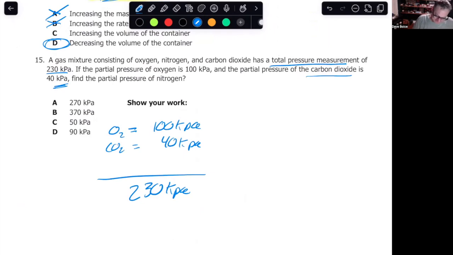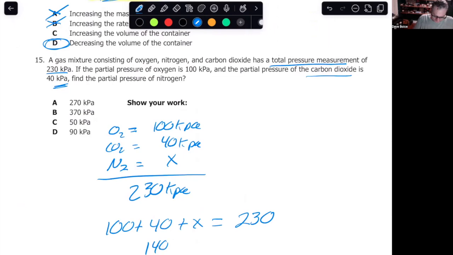And then the nitrogen equals X. So if I rewrite this, I can do 100 plus 40 plus X equals 230, or even easier, 140 plus X equals 230.